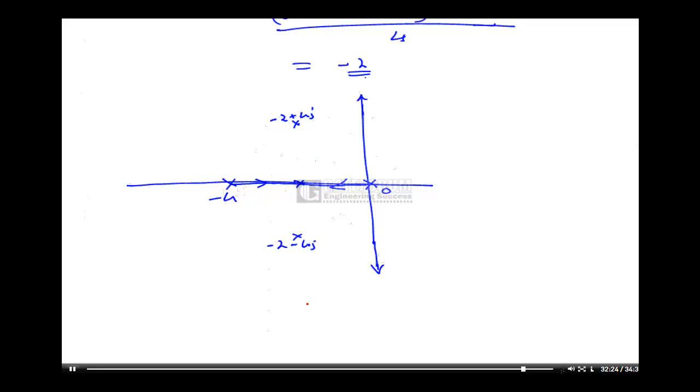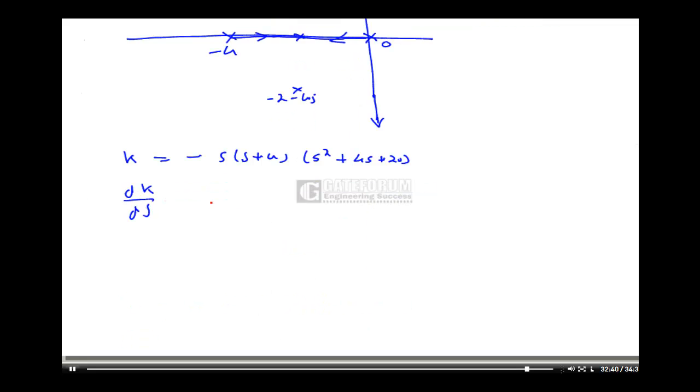To find the breakaway point I need to find my K, which is equal to minus s(s plus 4)(s square plus 4s plus 20). Finding dK/ds from this I will get minus of 4s cube plus 24s square plus 72s plus 80.